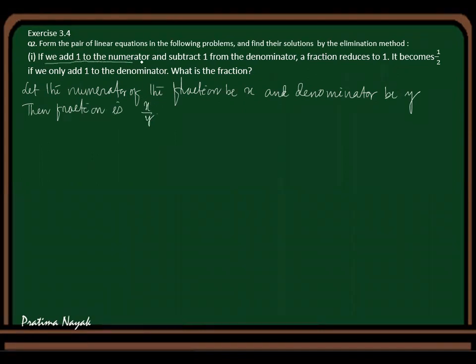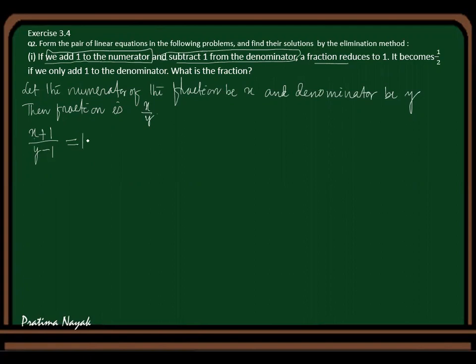Now I'll go to the question again. If we add 1 to the numerator, and subtract 1 from the denominator, the fraction reduces to 1. Reduces to 1 means the fraction becomes 1. So 1 is added to the numerator, x plus 1. 1 is subtracted from the denominator, y minus 1.